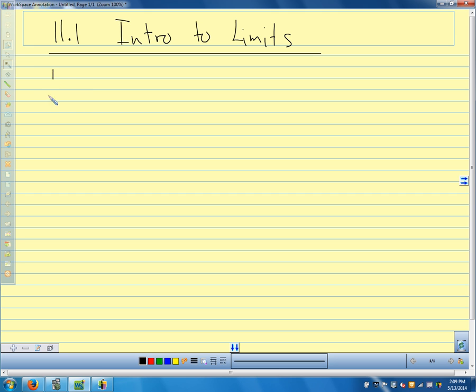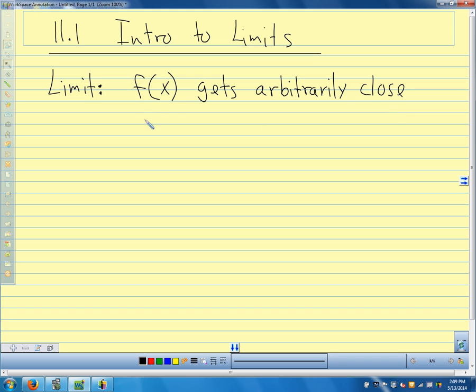So our idea of a limit is that our function f of x gets, and we're going to say, arbitrarily close to L as x approaches C.